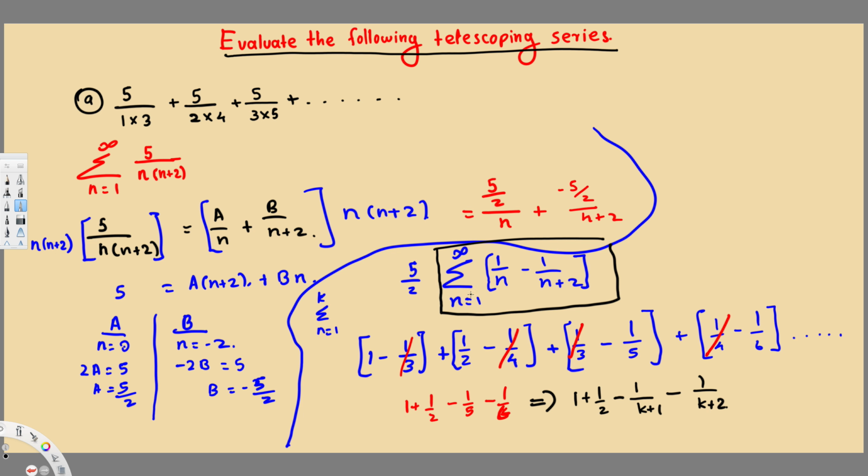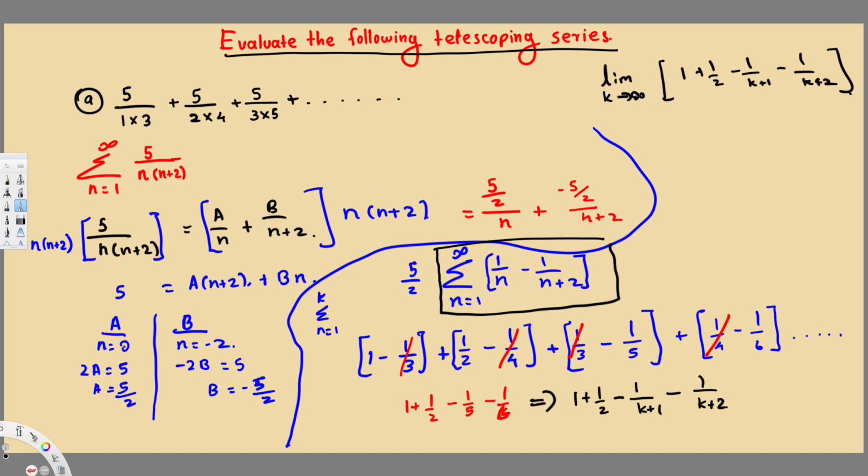So let's go ahead and take the limit for this one and see what we get, right? As n approaches infinity. So here we are putting it in terms of k, so let's say k approaches infinity. What's this value going to be? 1 plus half minus 1 over k plus 1 minus 1 over k plus 2. So if you notice, 1 plus half is going to remain the same.